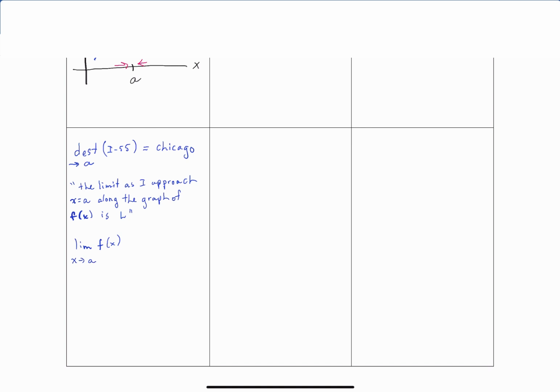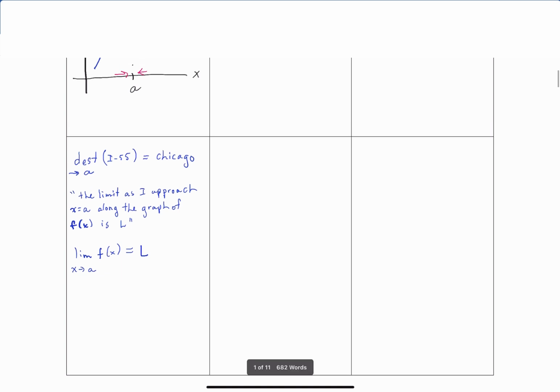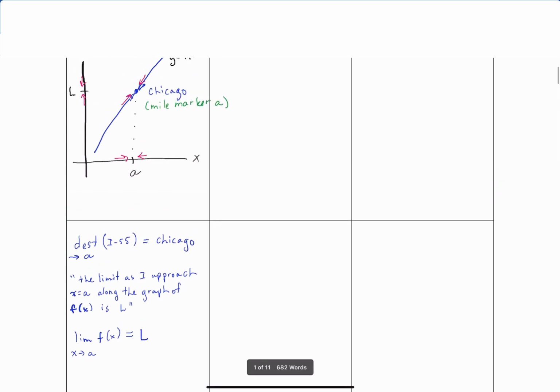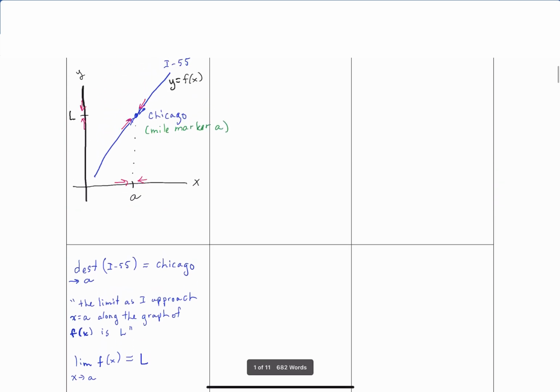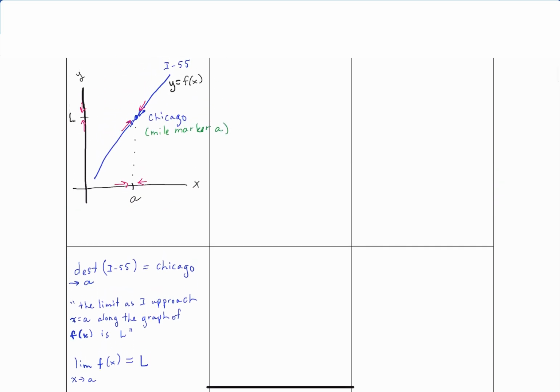And then my limit is, remember in math that word is becomes an equal sign. And what is the limit? What is the destination? It's L. So where is this happening? It's happening as x approaches a. What is happening? I'm approaching destination L.